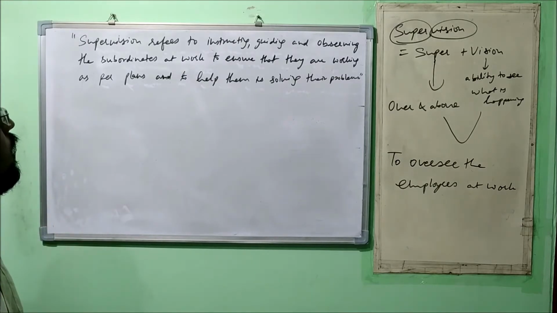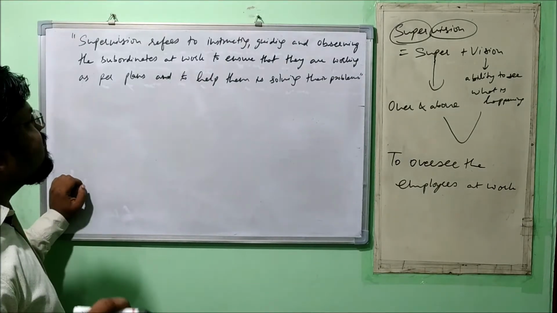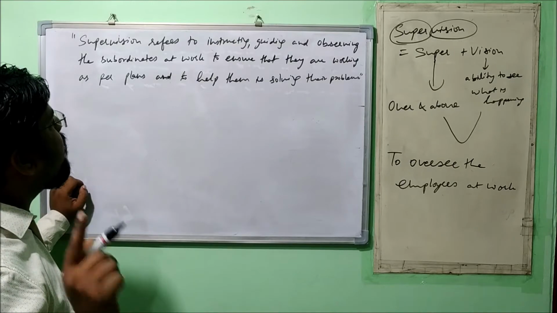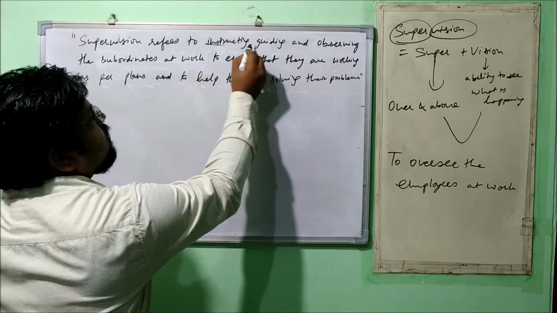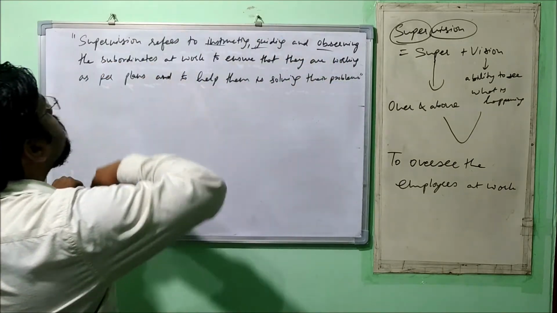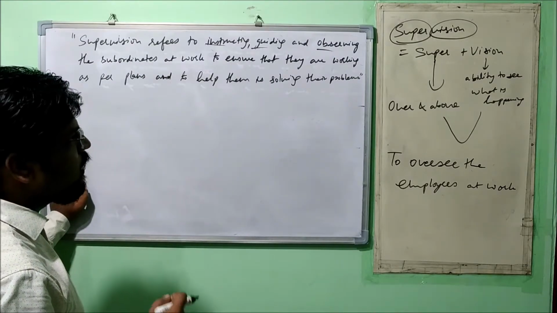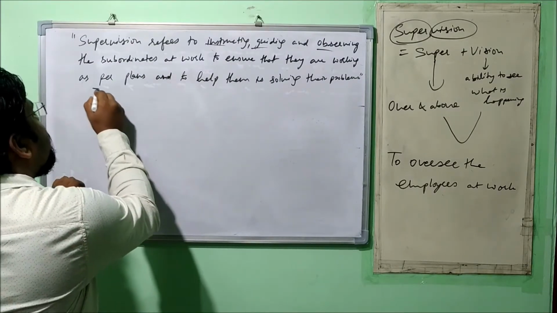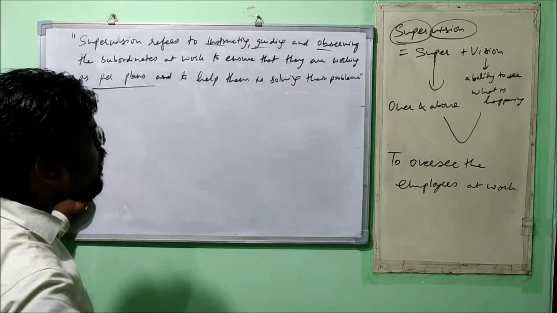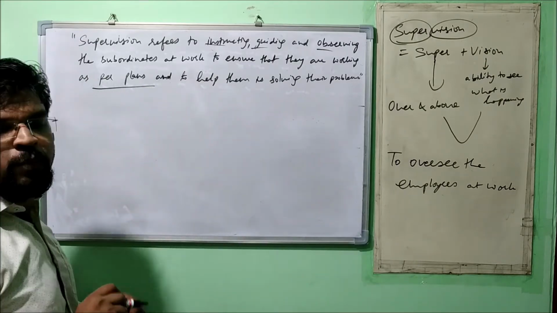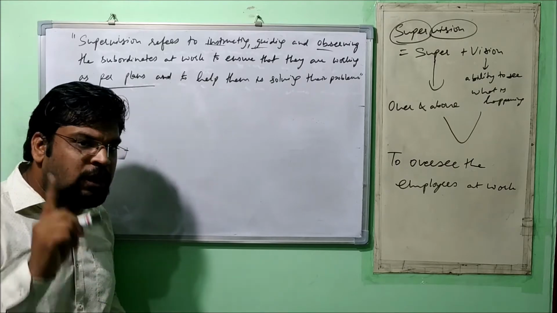Means while exercising the function of directing, a manager is supposed to instruct, guide and observe the work of his subordinates, right? To ensure whether they are working as per the plan or not and to help them out if they are facing any kind of problem or difficulty. Understood the point?